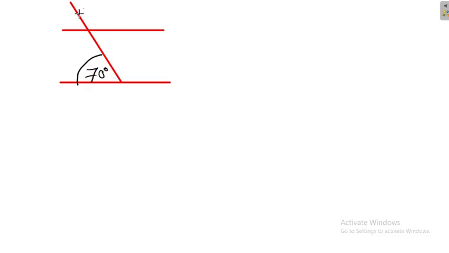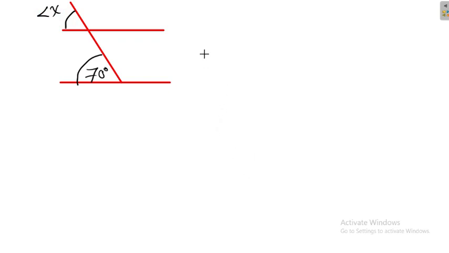Let's see some examples. It's a very simple example. This angle is 70 degree, and this angle X. What is the measure of angle X?